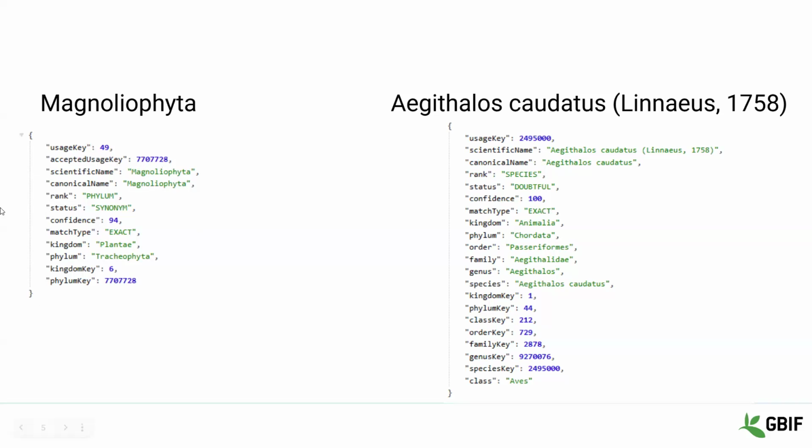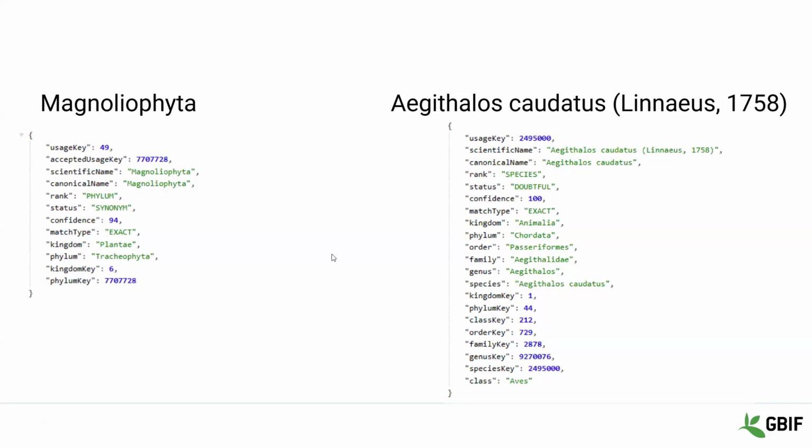So here the interpretation of this is, according to GBIF, rather than using Magnoliophyta, you should be using Tracheophyta, because that's the phylum that is accepted, right? So that is how it is interpreted.